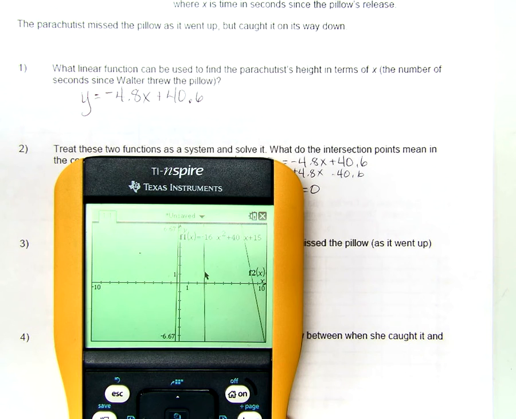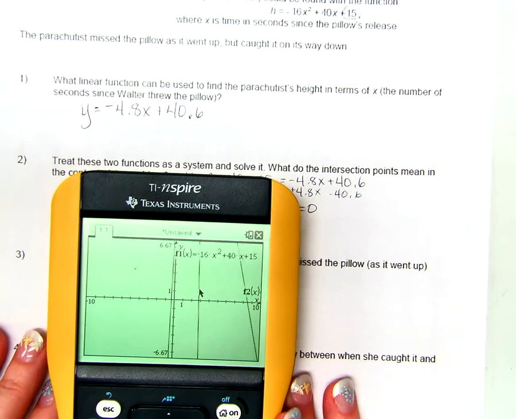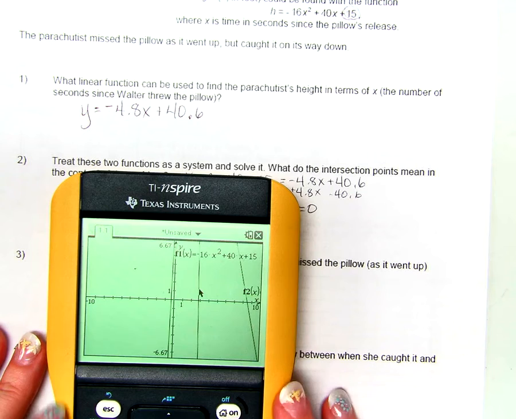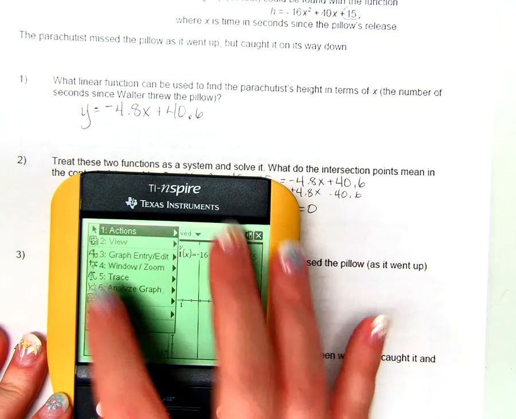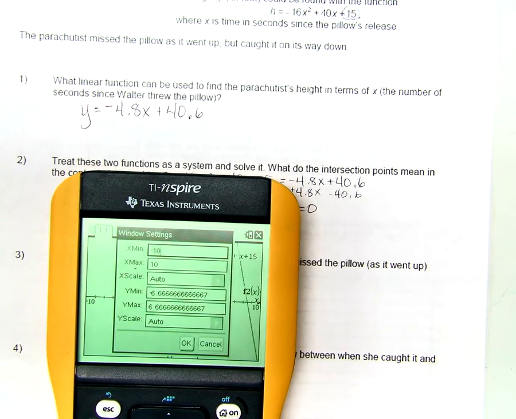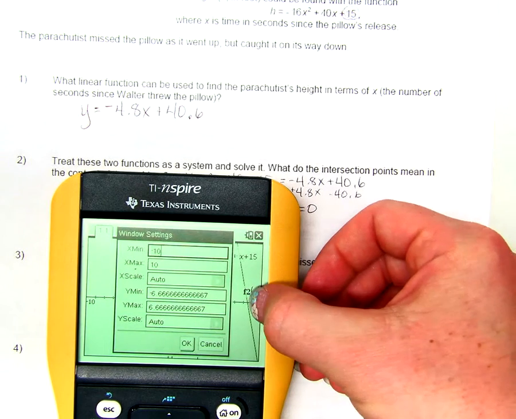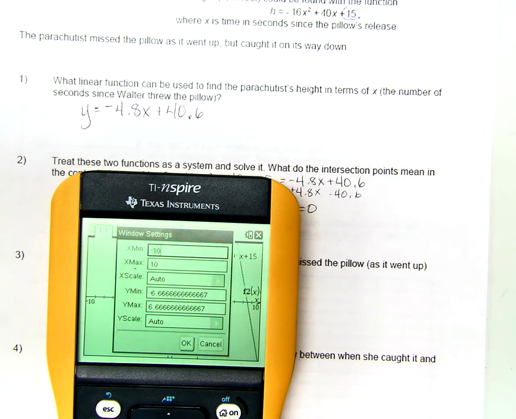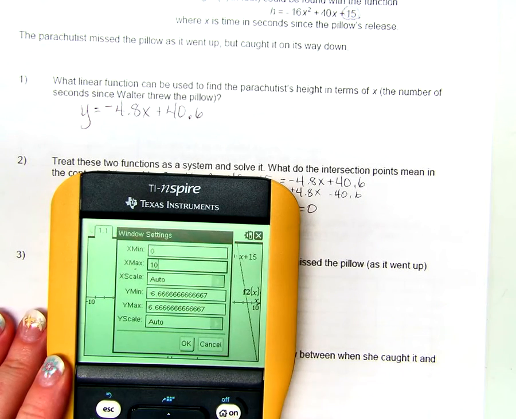Okay, so clearly mine is broken. Oh, I'm wrong. So menu, window, settings. I can tell my line doesn't even cross till 10, so I can go from 0 to 10, right?